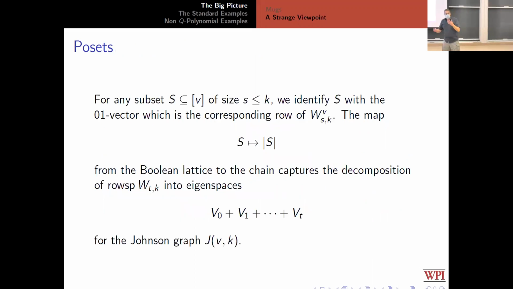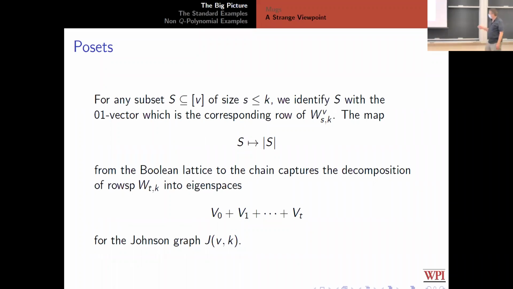So there are these posets, like the truncated Boolean lattice, that capture this design relationship in many of these instances. So for example, for the subsets of the set of size V, so this is the integers 1 up to V, for any subset S, we identify S with a 0,1 vector, that's the corresponding row of that Wilson matrix.